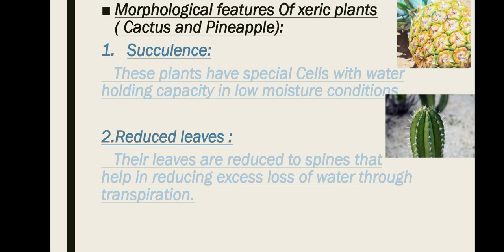So to prevent this water loss through the process of transpiration from the plant surface, we have spines. As in leaves, stomata are present. So if there will be no stomata, then there will be no transpiration, resulting in absence of water loss. So here leaves are replaced by spines for this purpose.